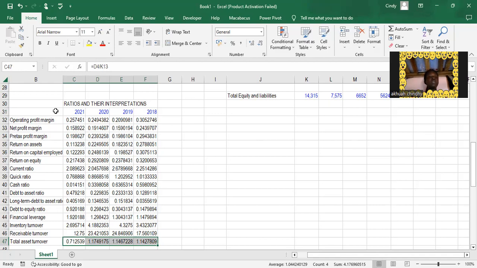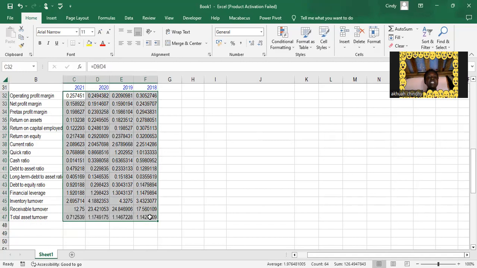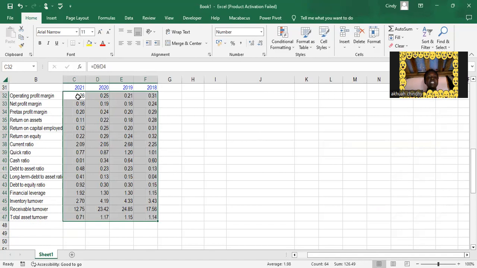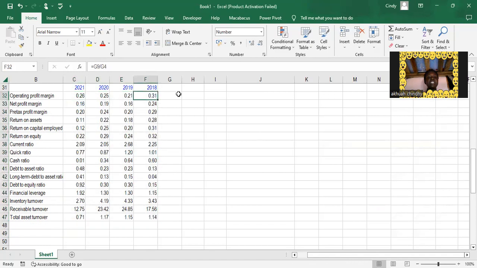If you're asked to explain, maybe in 2018, so this one, 2018. Let me format this whole figures to 2 decimal places to make it presentable. All right, okay, so this is better. So let's say now in 2018 we got 0.31, and you're asked to explain what it means.